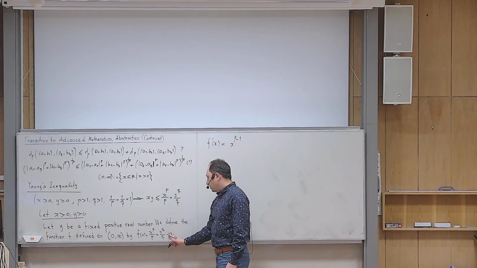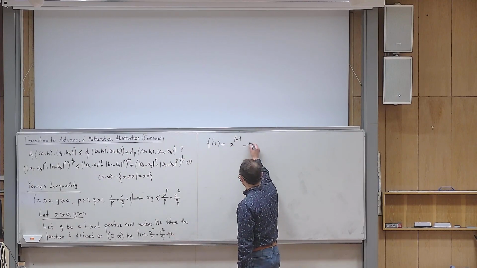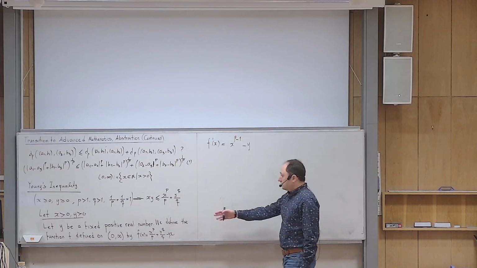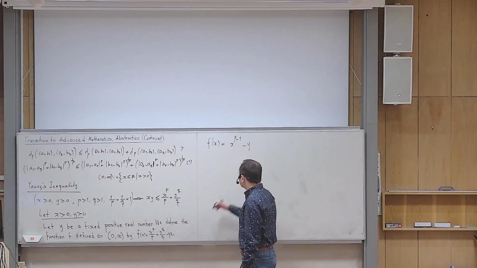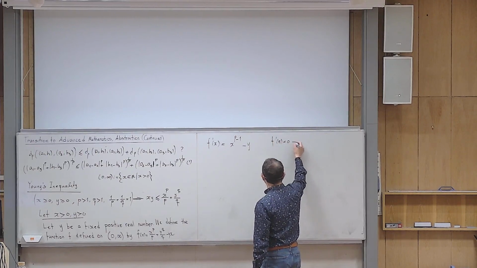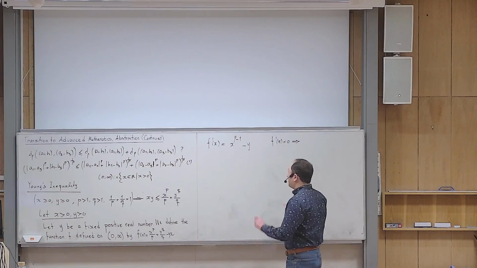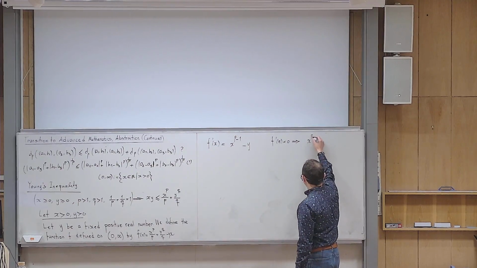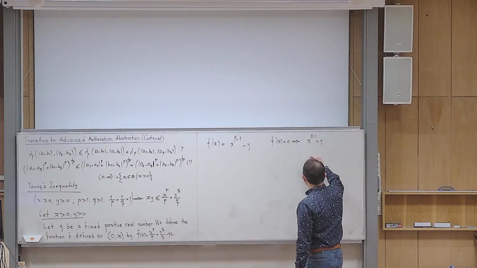And this is a constant multiple of x, so its derivative becomes y. So that's the derivative. And I want to find the minimizer of my function. So according to what we have studied before, I put it equal to 0 and try to find a possible minimizer for my function. So this gives me x to the power of p minus 1 is equal to y.